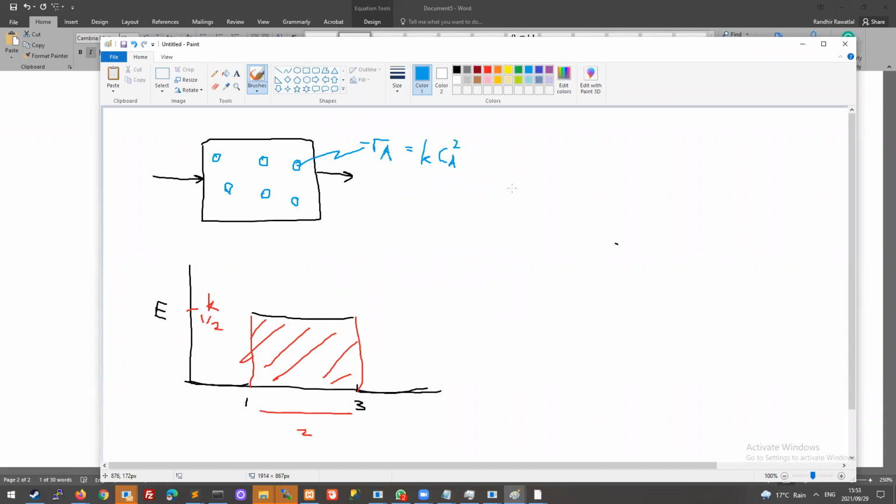Now we can think of each oil droplet as its own batch reactor. So what we are really saying is we have this age distribution, and this age distribution tells us how each of these oil droplets are distributed in terms of the age. So it's saying at the exit point, there are no oil droplets which have spent less than one time unit in there, and there are no fluid elements that have spent more than 3 time units there.